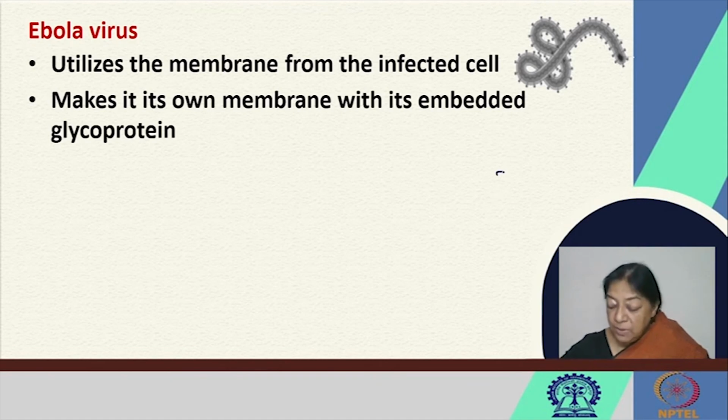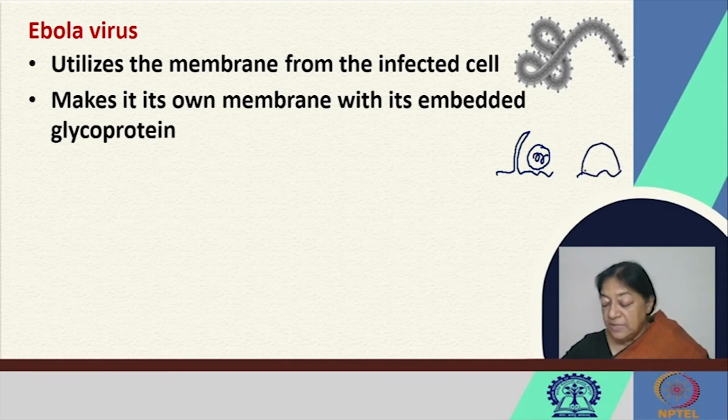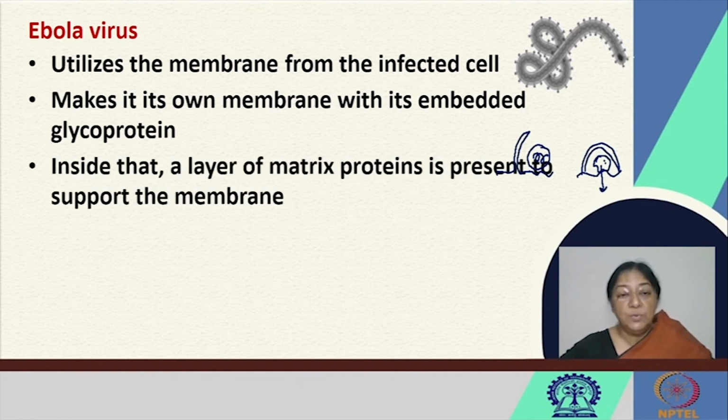So in the membrane, what happens? There are protrusions in the membrane. There is the infection of the Ebola virus in a form here. And then what happens is this takes over and there is a structural formation in this fashion, and then this enters the membrane. So it makes its own membrane with the embedded glycoprotein.